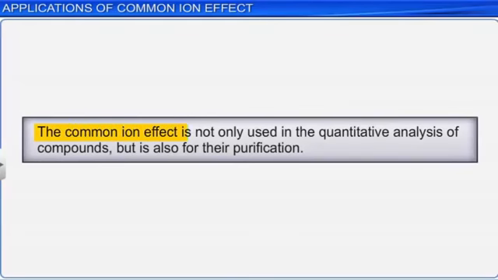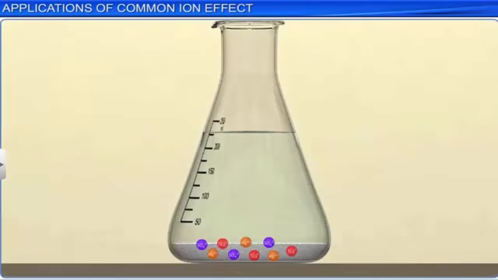The common ion effect is not only used in the quantitative analysis of compounds, but is also used for their purification. For example, sodium chloride, along with impurities such as sodium sulfate and magnesium sulfate, is purified by applying this principle.